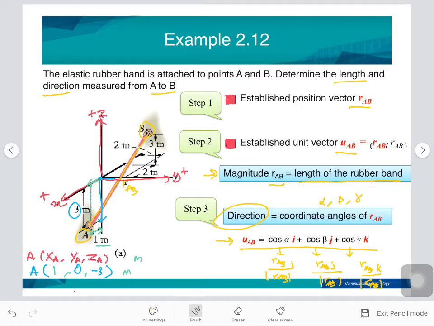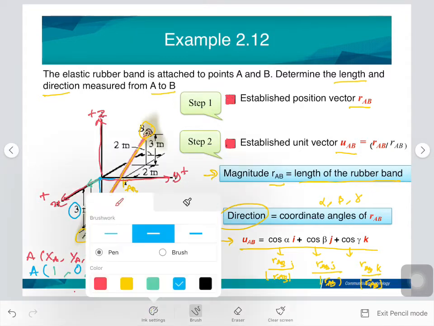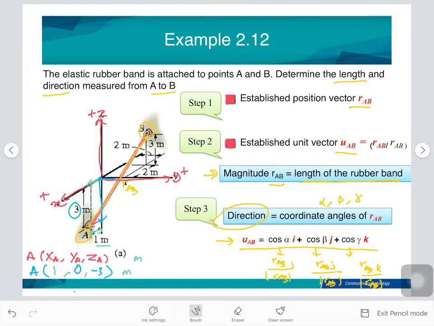Now we determine the coordinate for B. You need to determine XB, YB, and ZB. What is XB?